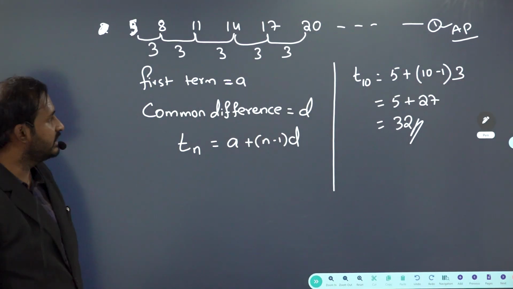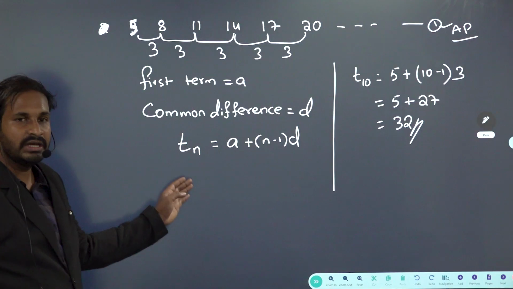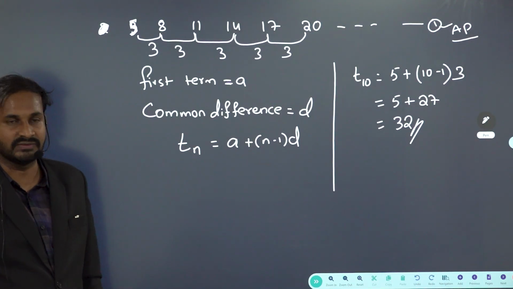So to find the nth term in any given series, we use the formula Tn is equal to A plus n minus 1 into D.